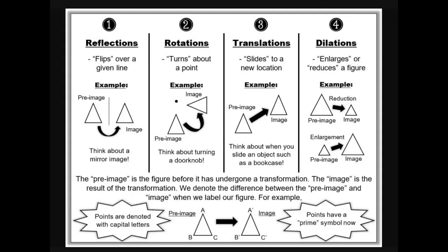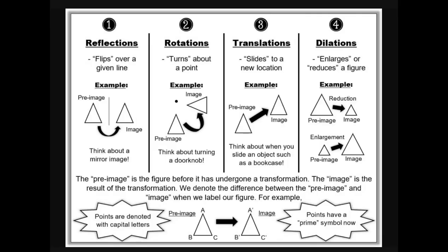Now, when we do these types of transformations, you always start with an original image, which we will call a pre-image. And then the shape that has been reflected or rotated or translated will be called your image. We have different ways to denote this on the image. If the name of a figure is A, B, C, we know that that is the pre-image because there's no special symbols next to the letters.